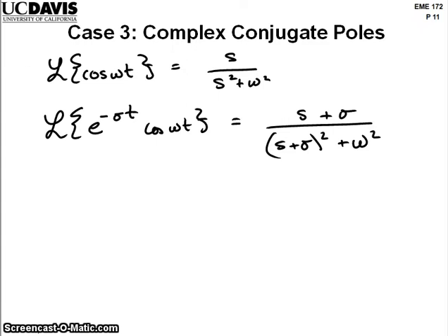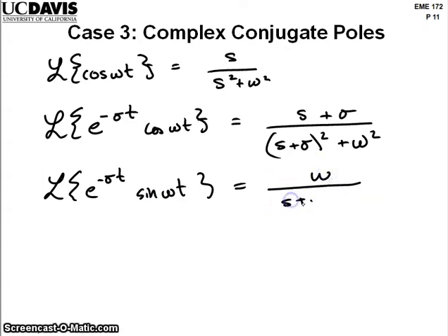So I need one more transform, and it turns out that's the decaying sine wave. e to the minus sigma t sine omega t is equal to omega over s plus sigma squared plus omega squared. Okay, so what I need to do is I need to make use of both of these Laplace transforms.